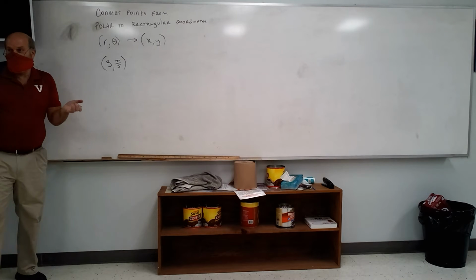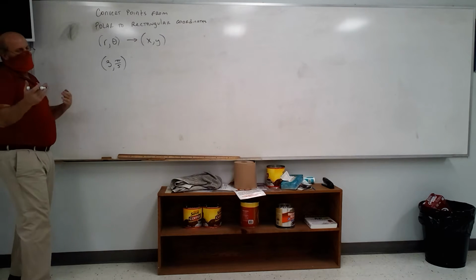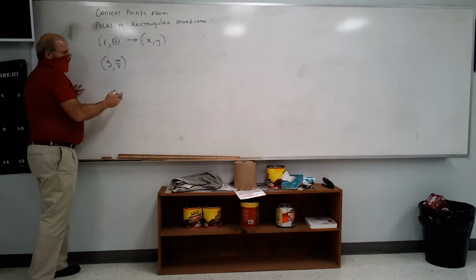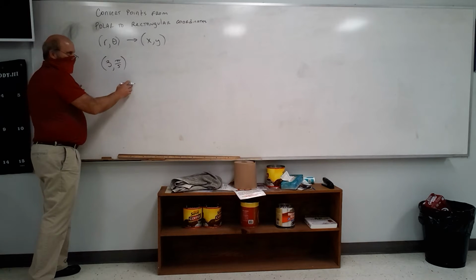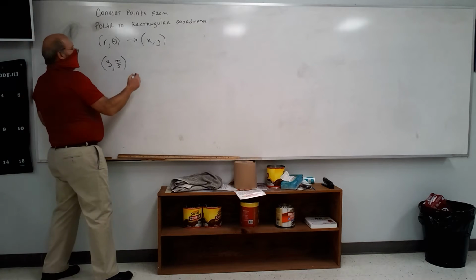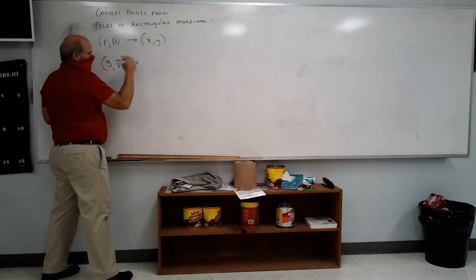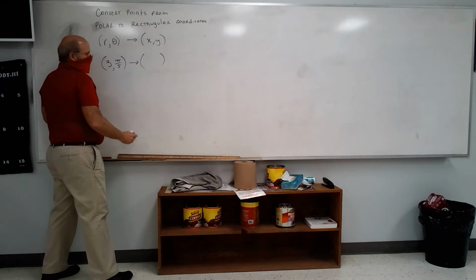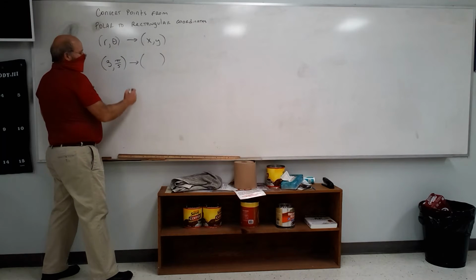We know this is in the first quadrant, a little bit more than pi over 6, not quite pi over 4. So this is going to be a point in the first quadrant with a positive x and a positive y. How do you get the x?